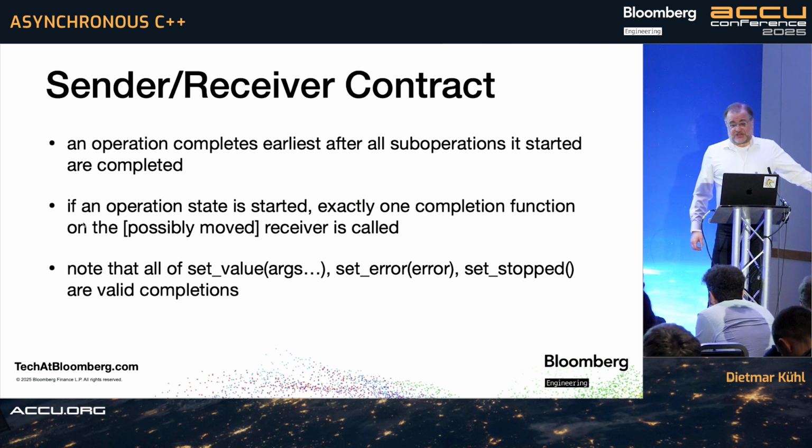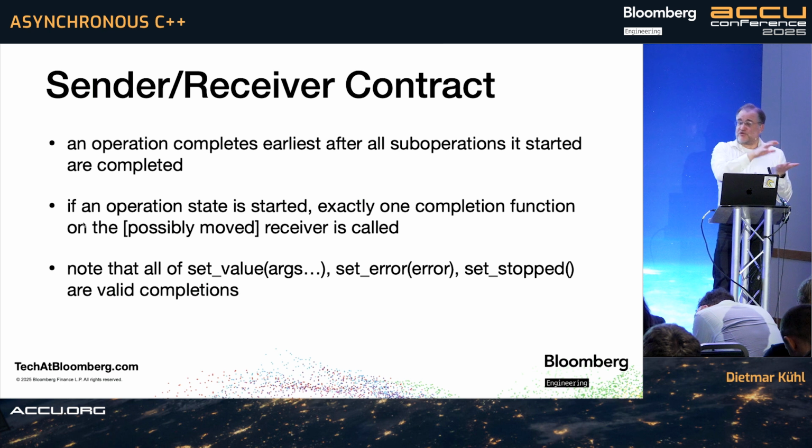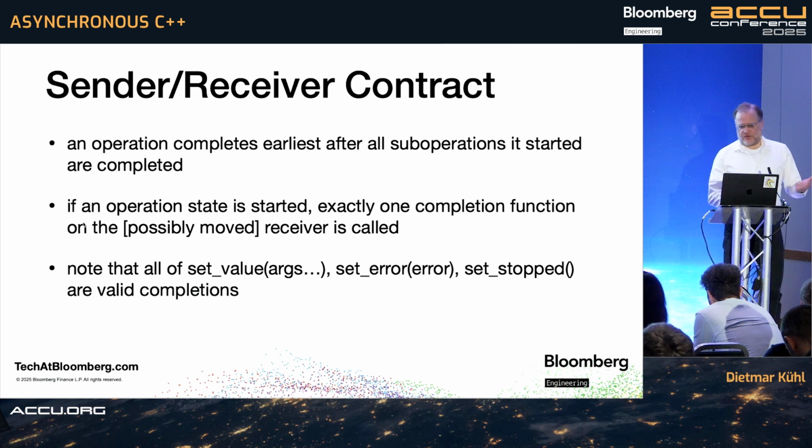The other important part for the implementation is that operation states can be movable, but they're not required to be, and any implementation using an operation state should assume it's not movable. This gives another very powerful approach: you have an object which you know stays put. I can set up internal pointers into this object as much as I want, which again helps with not having to allocate any extra memory for any of the state.